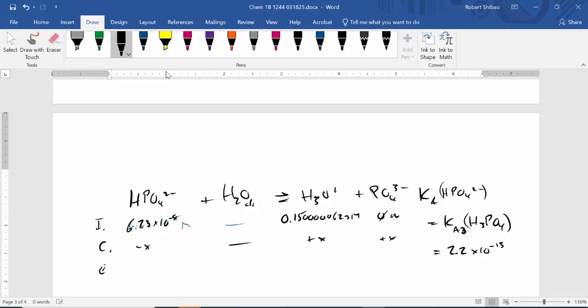And so at equilibrium, I expect to have 6.23 times 10 to the minus 8 minus x molar, 0.150000623 plus x molar, and x molar.